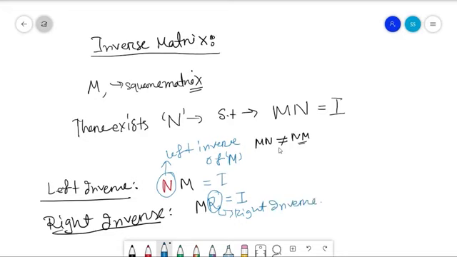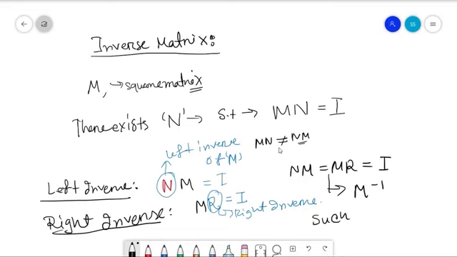Now a matrix M can have different left and right inverses, but if there exists such N equals to R such that NM equals MR equals the identity, then we can say this corresponds to some M inverse such that M M inverse equals M inverse M equals identity.